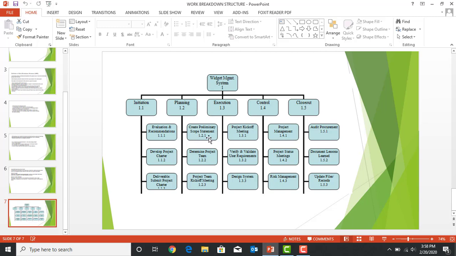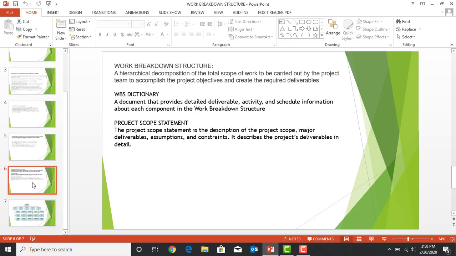But now you want to know, okay, this is under planning, I have to determine the project team. To determine the project team, what are the details? What type of team is needed, how many people are required on a project, all the necessary details.